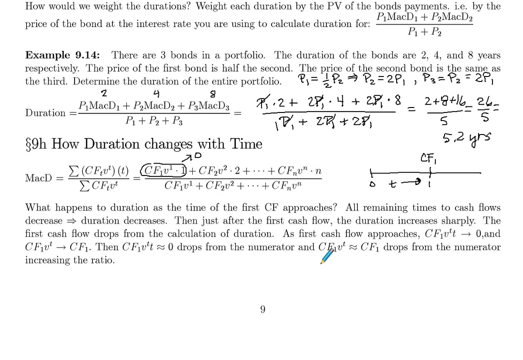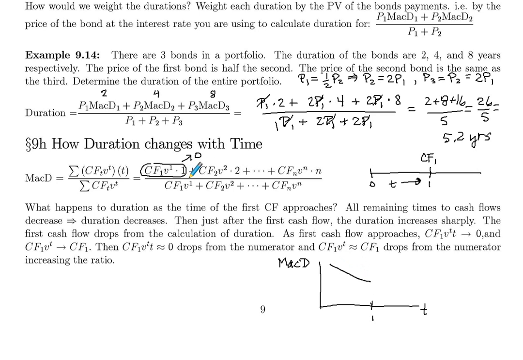So if we actually look at a graph here over time of what happens to the Macaulay duration, what happens is as you approach time 1, the time of that first cash flow, your Macaulay duration is decreasing.